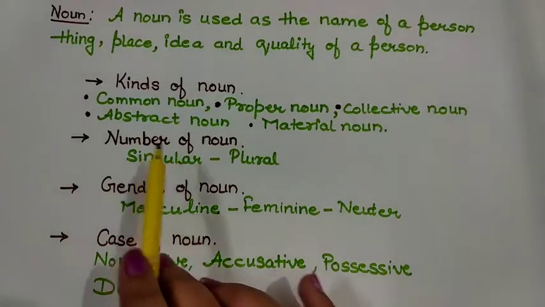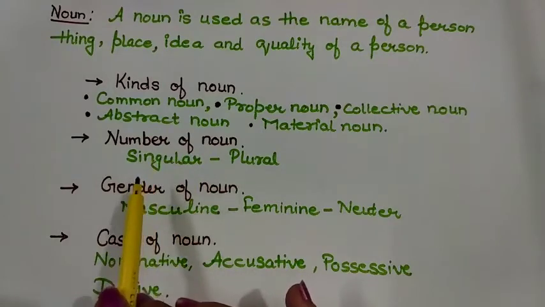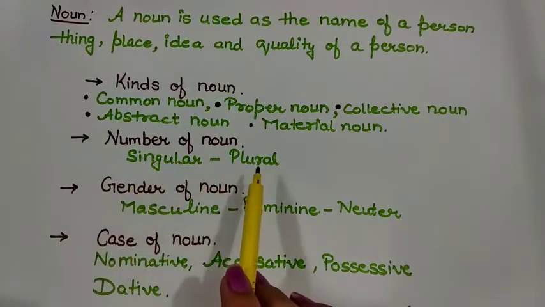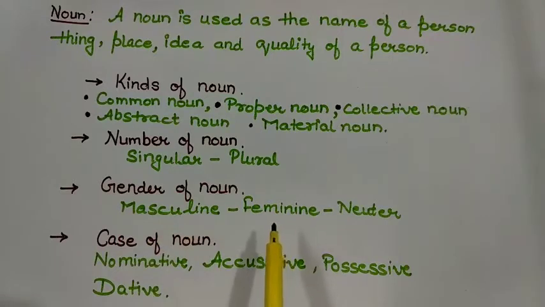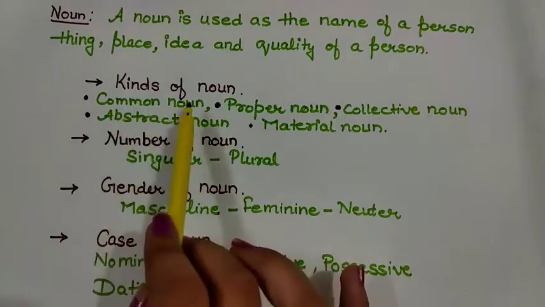So when we discuss number of noun, we will discuss singular and plural. Again, in gender of noun, we know that there are 3 genders, that is masculine, feminine, and neuter. In case of noun, there can be 4 possible cases: nominative, accusative, possessive, and dative. In this video, we are going to discuss kinds of noun.